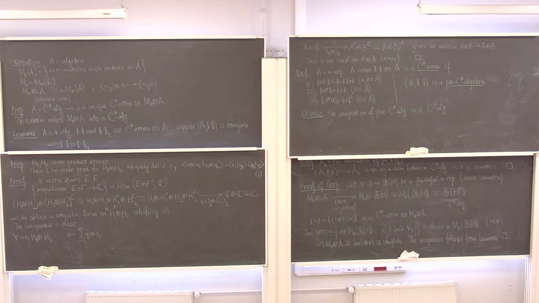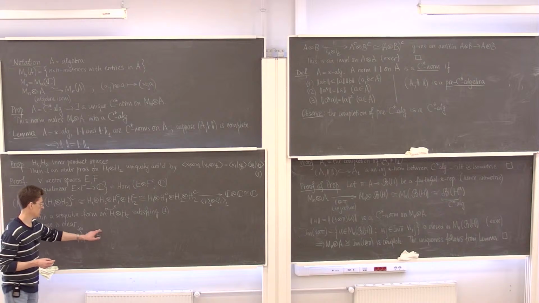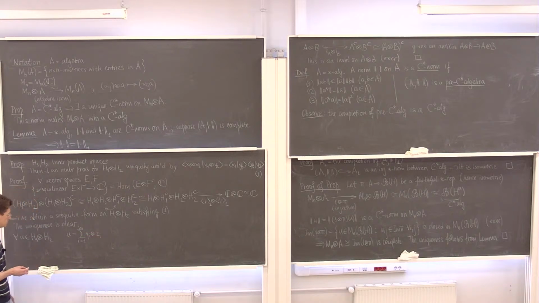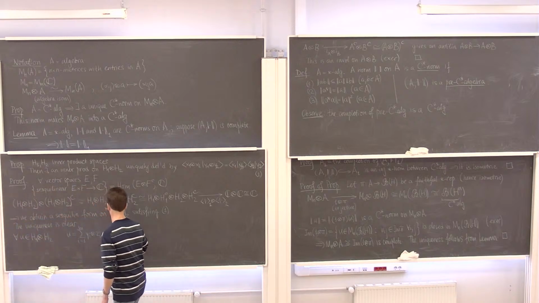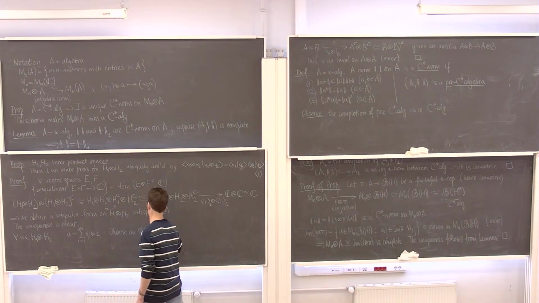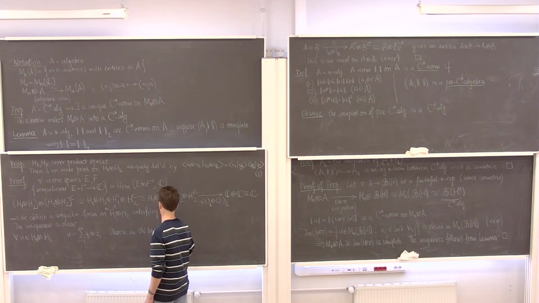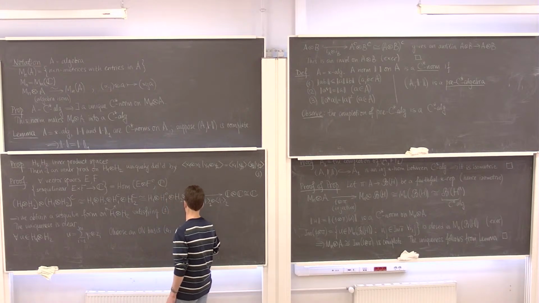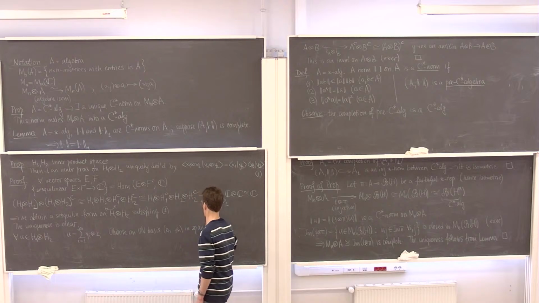Now let's write this element in a more convenient form. We look at the linear span of the elements zi. So we have finitely many elements zi, and we choose an orthonormal basis, denoted by, say, e1 to en, in the linear span of the vectors z1 to zm.